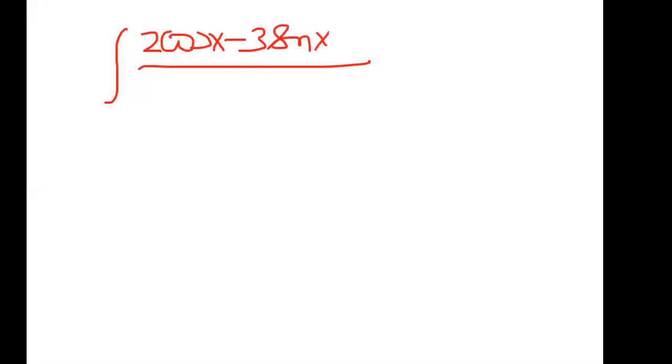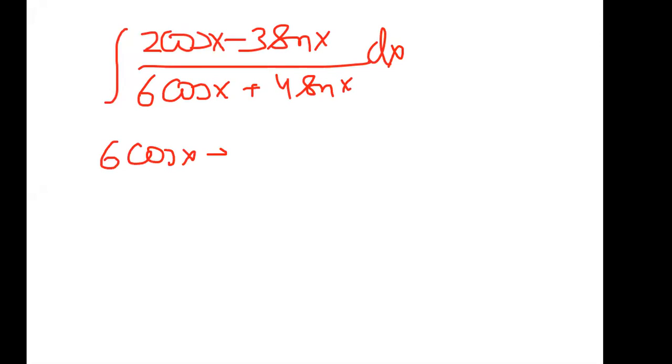Now see integral of (2 cos x minus 3 sin x) upon (6 cos x plus 4 sin x) dx. Again, what best I could do, I'm supposing 6 cos x plus 4 sin x as t.